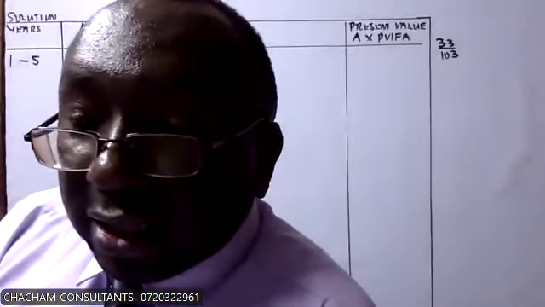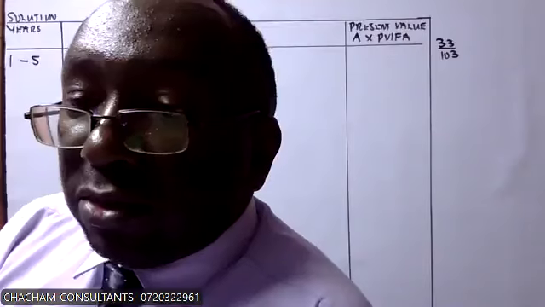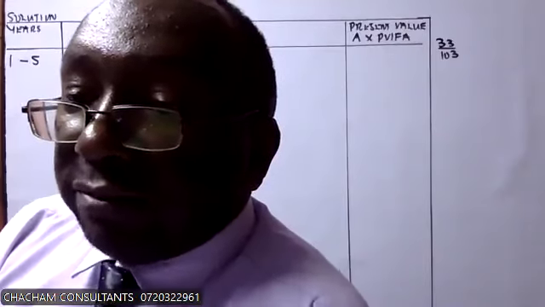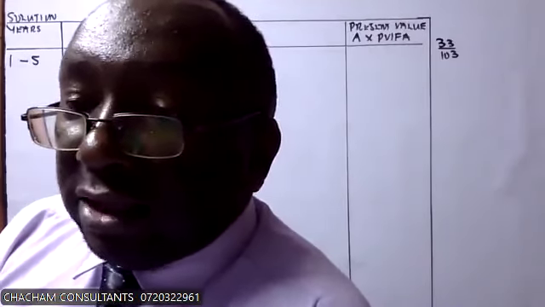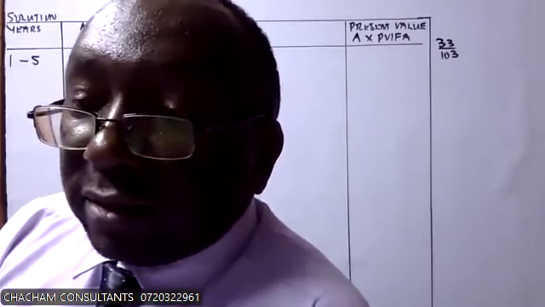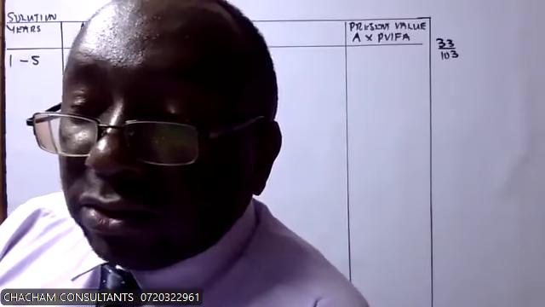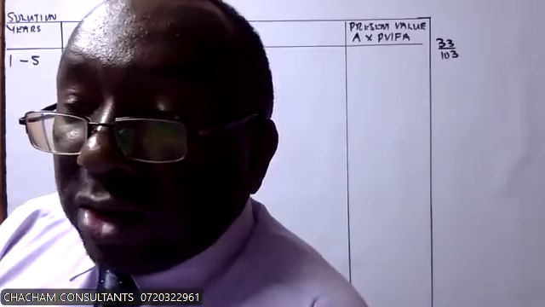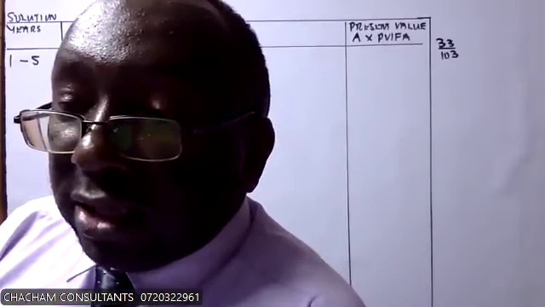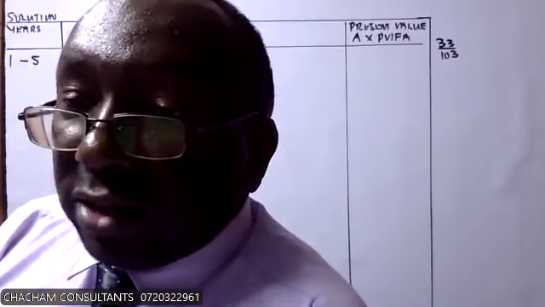The other one, the second table, is now for an annuity. You can see the formula that we are using. That's the table that we are going to read.